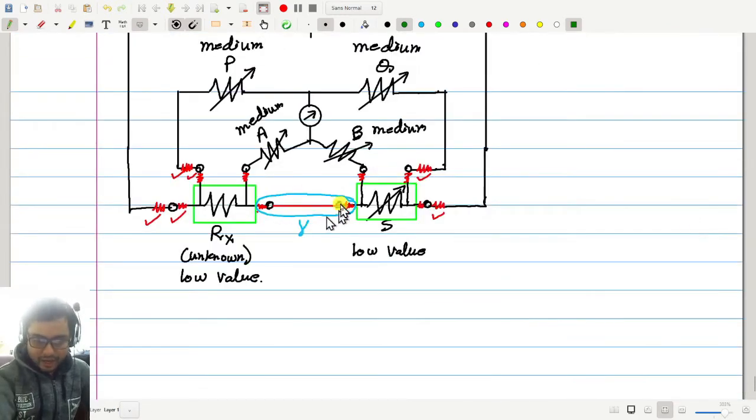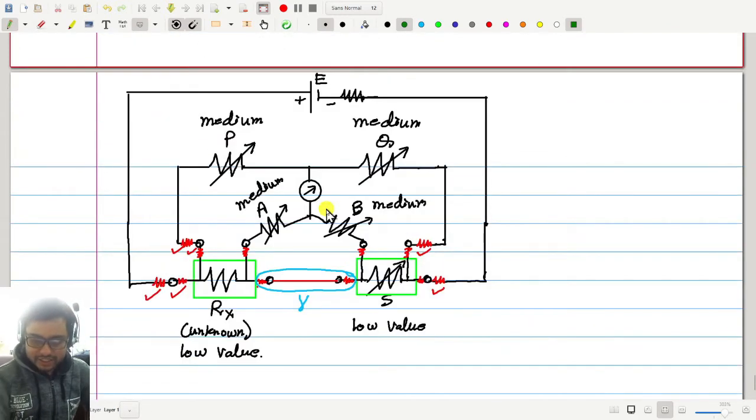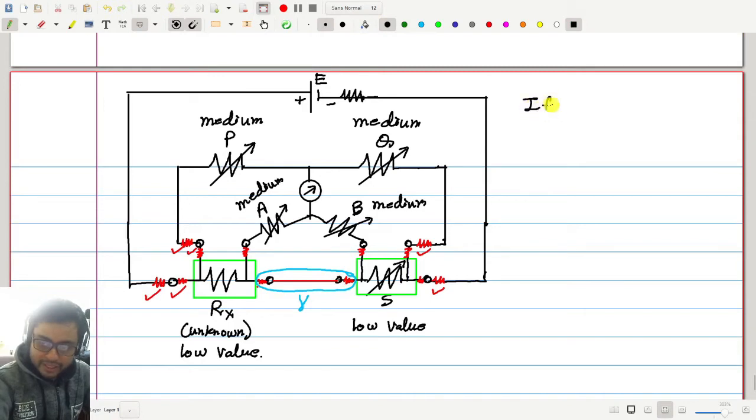Here is our gamma. So our balance equation is not going to depend on this resistance, these unknown spurious problematic resistances.